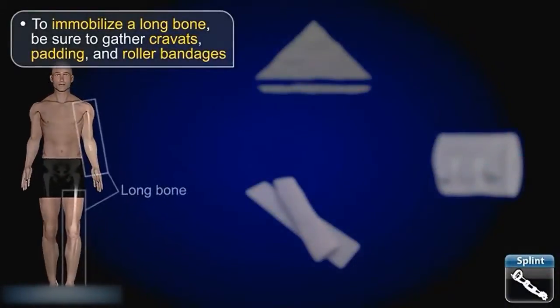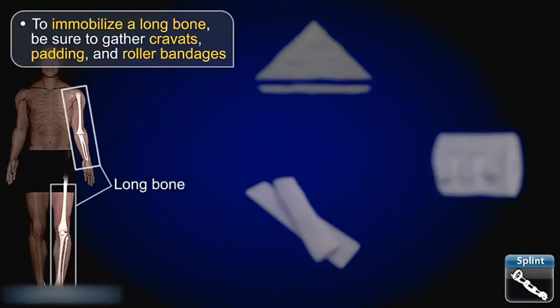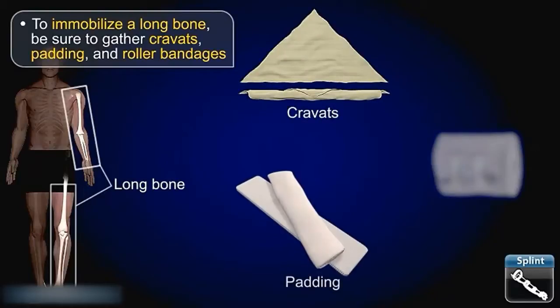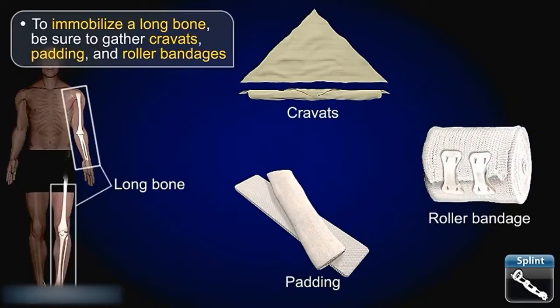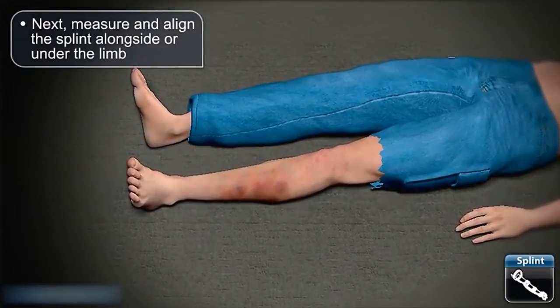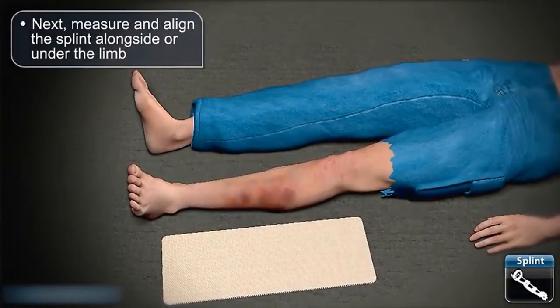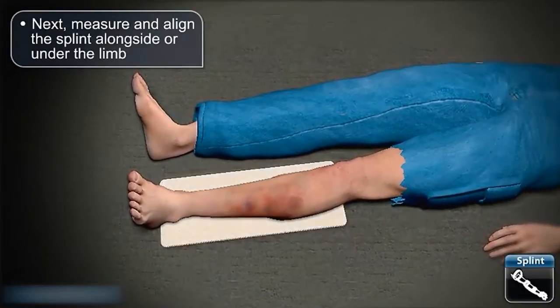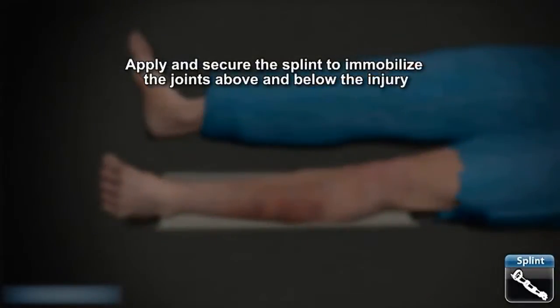To immobilize a long bone, be sure to gather cravats, padding, and roller bandages. Next, measure and align the splint alongside or under the limb. Apply and secure the splint to immobilize the joint above and below the injury.